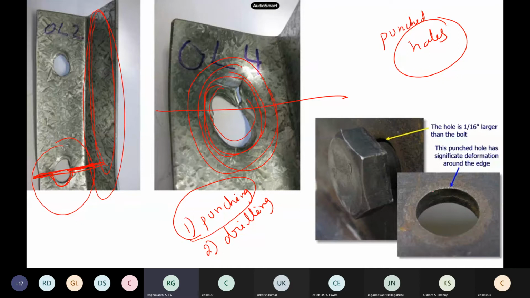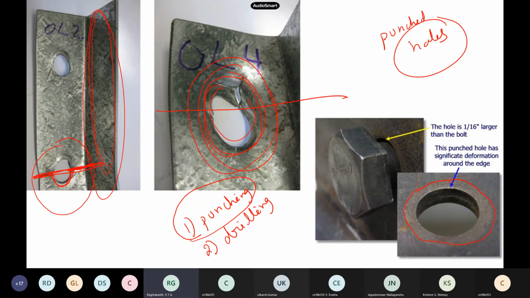You can see here this is a punched hole. If you see the region around the plate, because of this sudden punching, the edges have already gone into the yield range or something like that. So if it is a punched hole, you will see these types of special failures also.